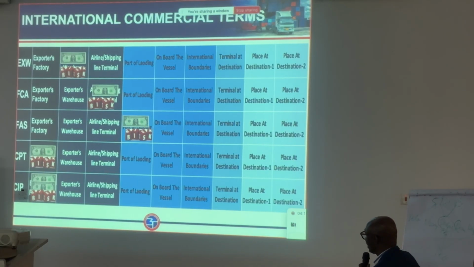Then we have CPT, carriage paid to. Sorry, you say free on what? Free alongside ship. CPT, carriage paid to. What happened to carriage paid to? The exporter bears the cost of transport to Nigeria, but his risk ends at a terminal in China.